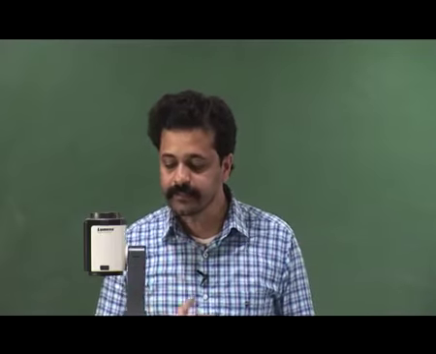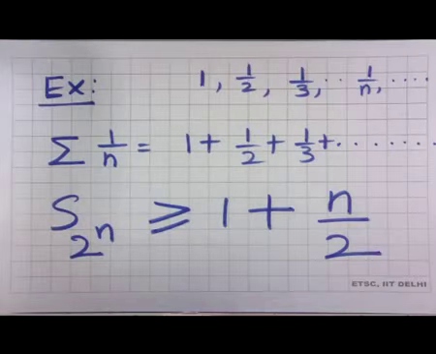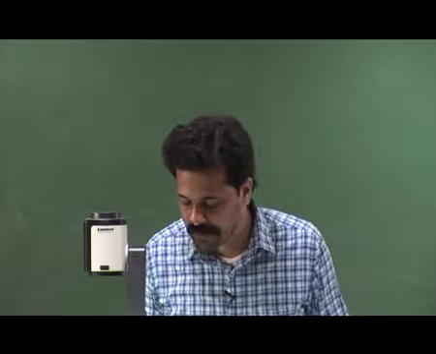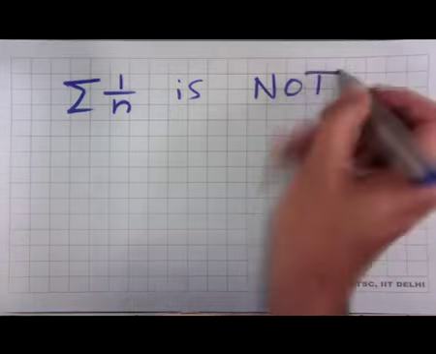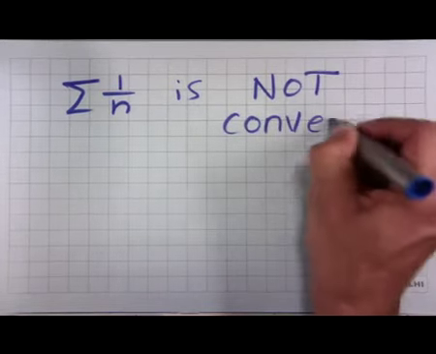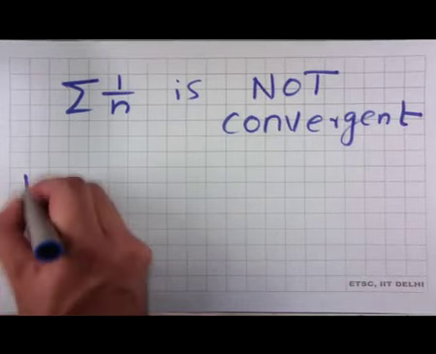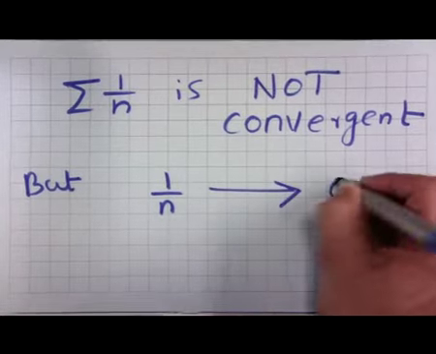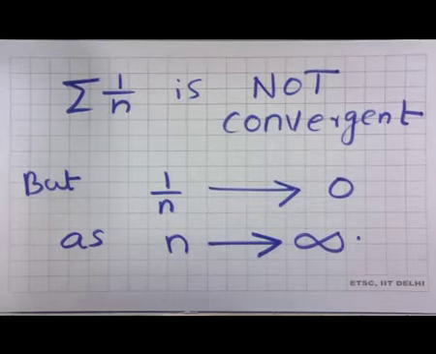However, the nth term, namely 1 by n, becomes close to 0 as n becomes large enough. Sigma 1 by n is not convergent, but 1 by n comes close to 0 as n tends to infinity.